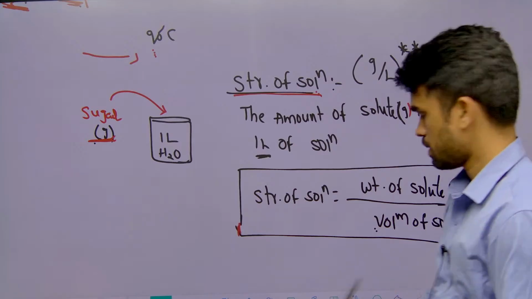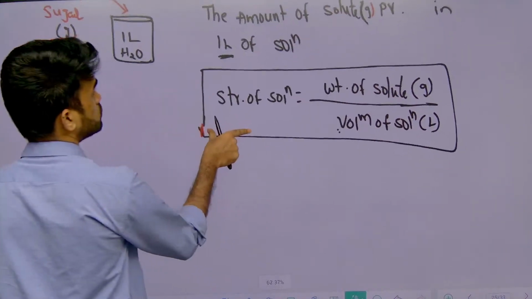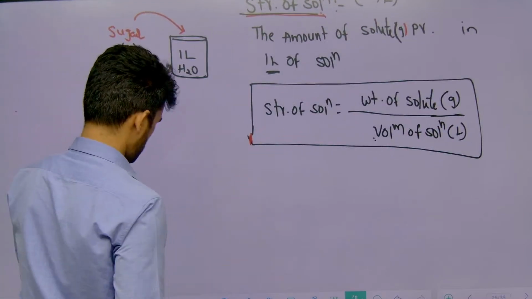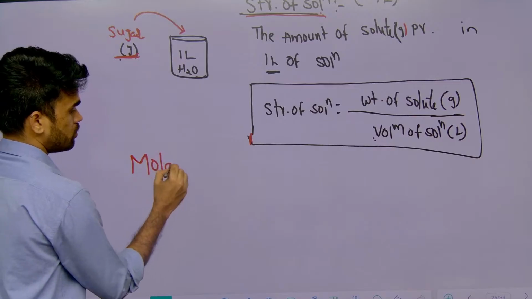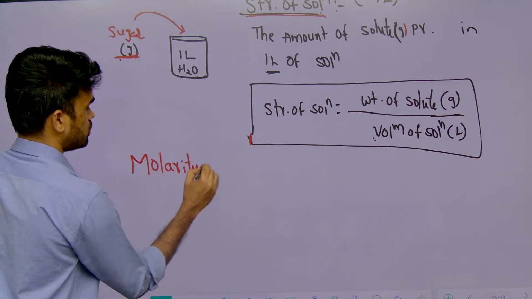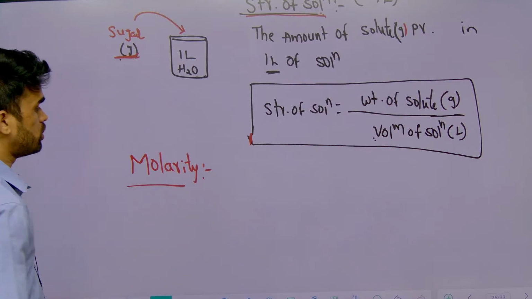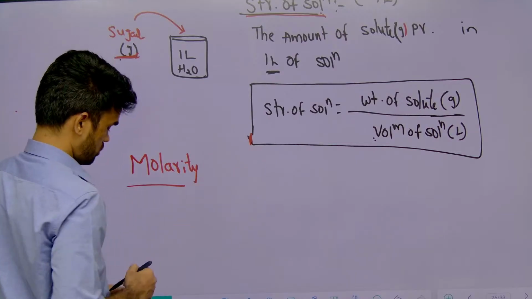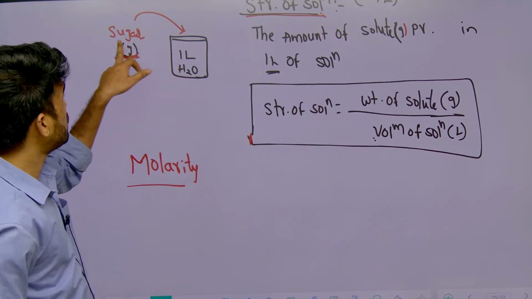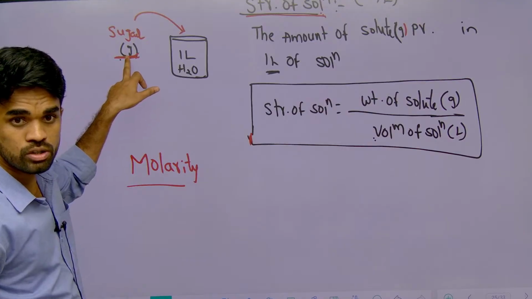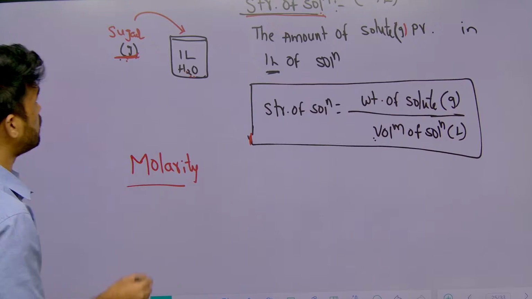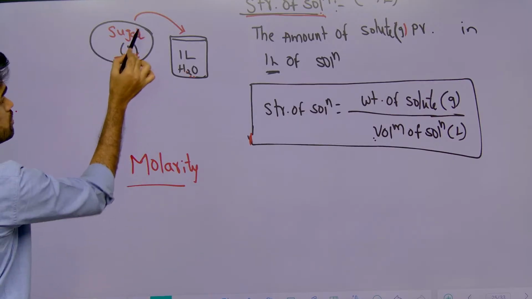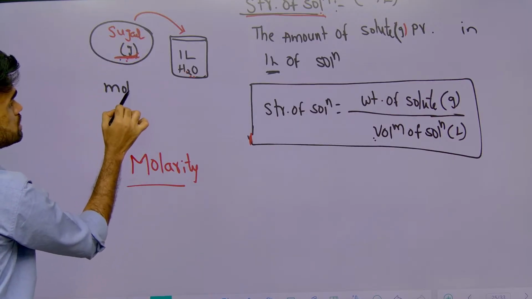Done? Yeah. Next. One more term is called molarity. What is it? How to define molarity? Here what did we say? Grams of solute added into the water. Now what am I saying? Instead of saying in terms of grams, I am saying in terms of moles.